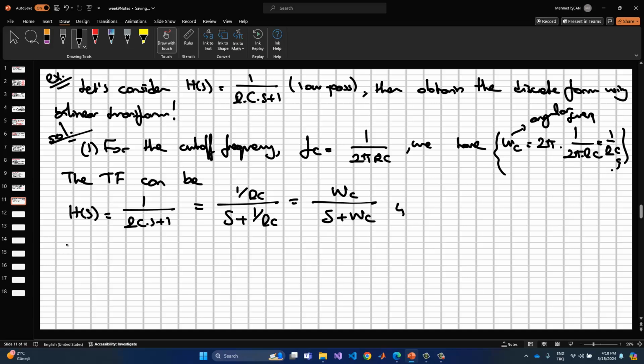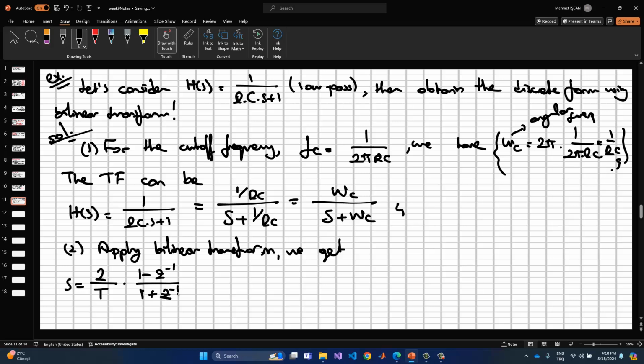Okay? In the second place, we need to apply the bilinear transform. And we get s equal to 2 divided by T times (1 minus z^-1) over (1 plus z^-1). And then we have the designed filter H_d(z) in this domain right now.